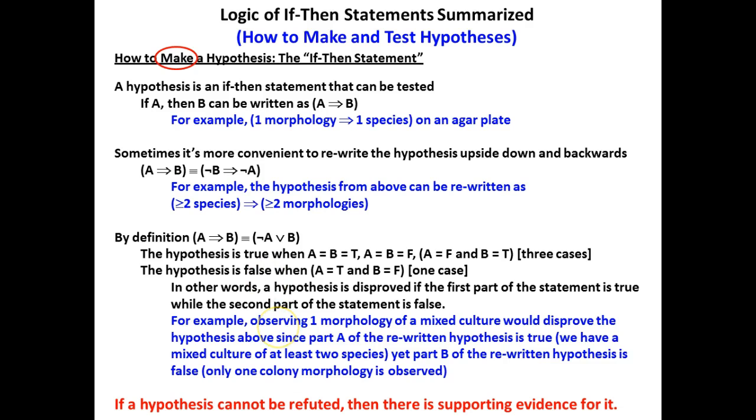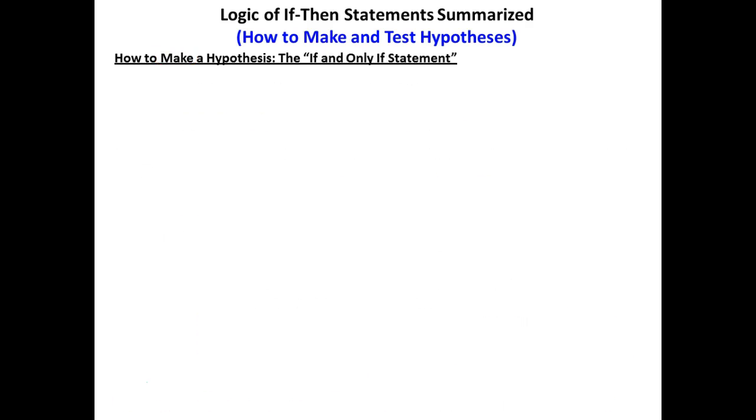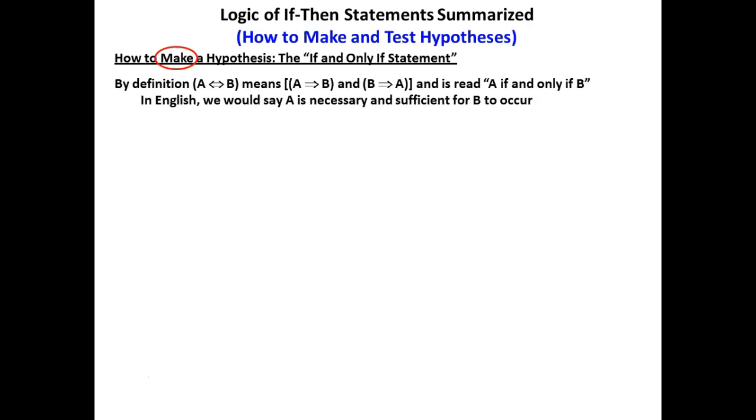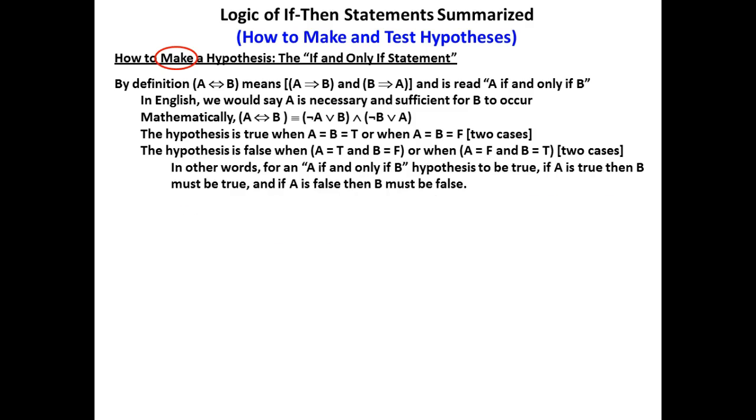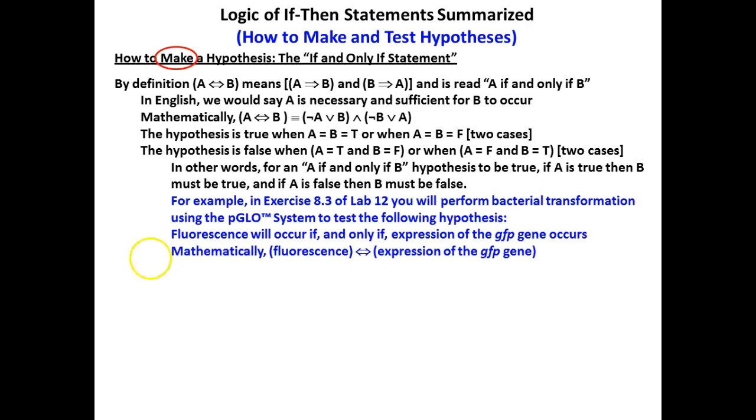So for all of the stuff that we do in lab, right, we can go through this process of forming hypotheses. So later on in the semester, we're going to say fluorescence, right, of the bacteria can only happen if we have expression of the green fluorescent protein gene, right?